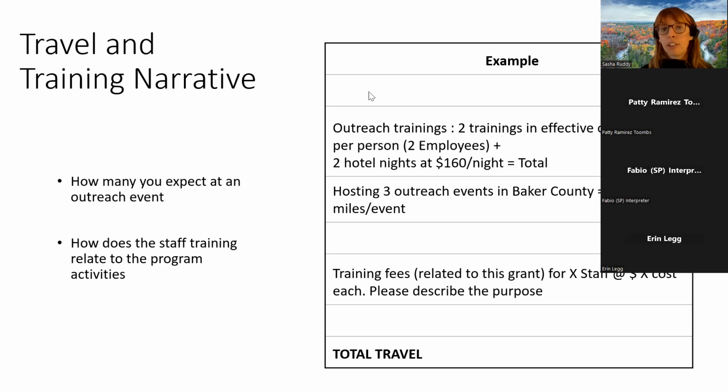How many staff are going to this training? What is the cost for each of the registration fees, if they're going to a conference, let's say? So please describe the purpose, because again, we're hoping and needing those finer details to tell the story of where the money is going.